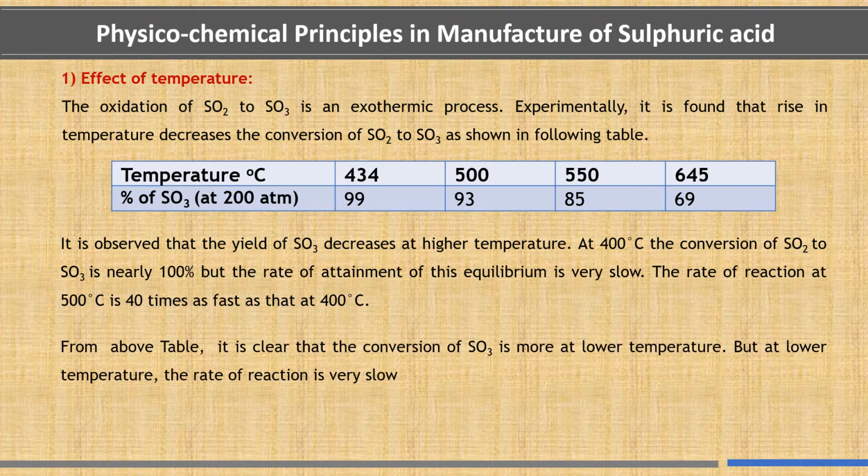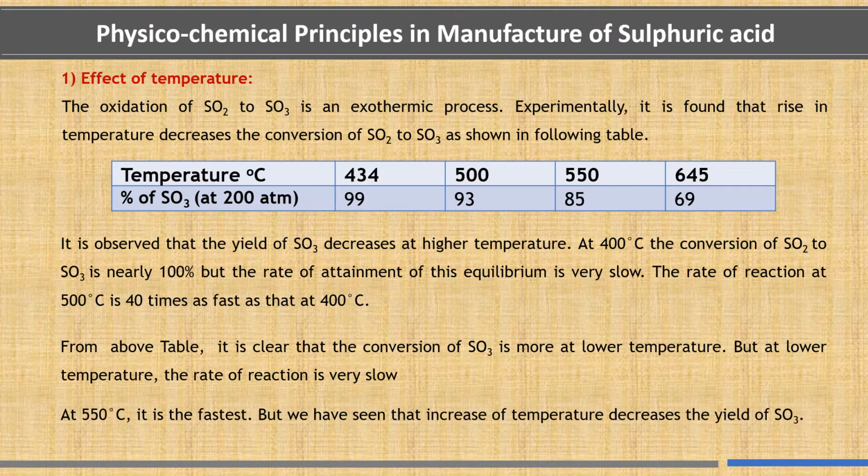From the above table, it is clear that the conversion of SO3 is more at lower temperature, but at lower temperature the rate of reaction is very slow. At 550 degrees Celsius, it is the fastest, but we have seen that the increase of temperature decreases the yield of SO3.